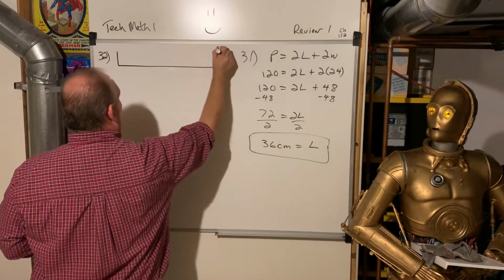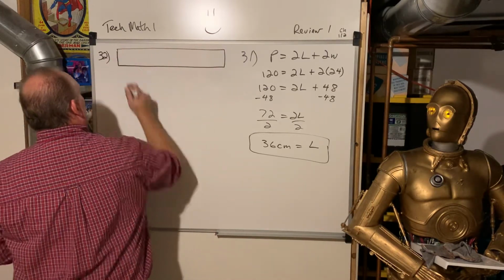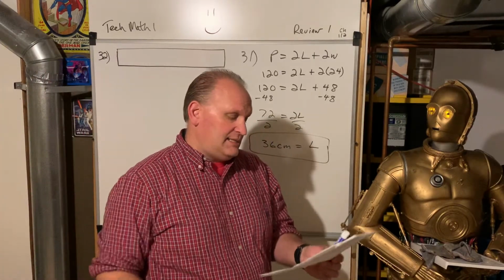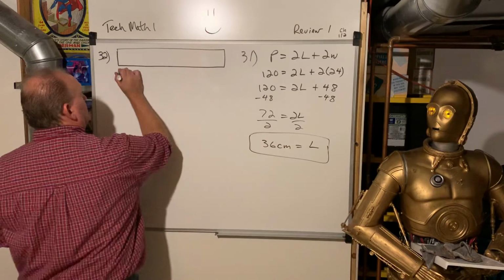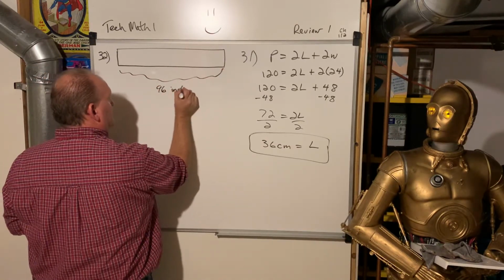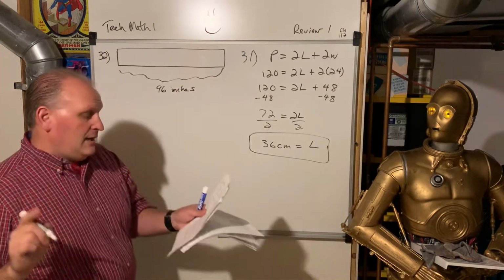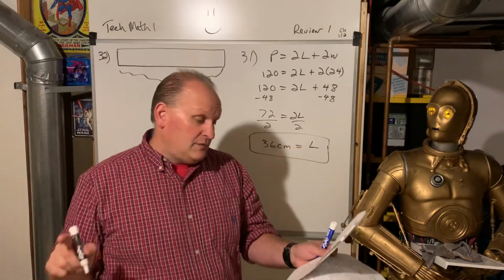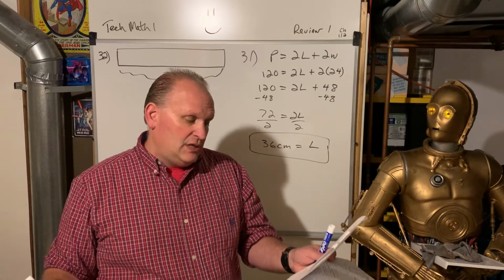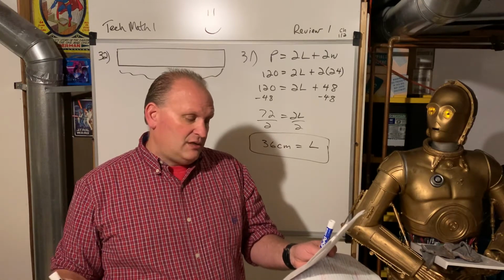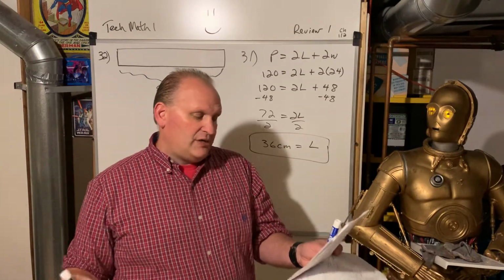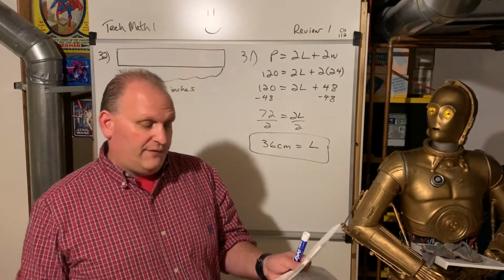We have a board, and let's read this problem. We know the board is 96 inches long, a total length of 96 inches. Now read carefully, read and reread. It's to be cut into 3 parts so that the second part equals the first part, and the third part is 24 inches longer than the first part.